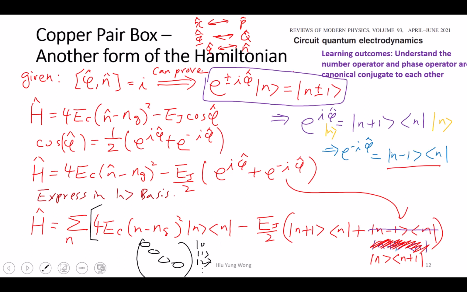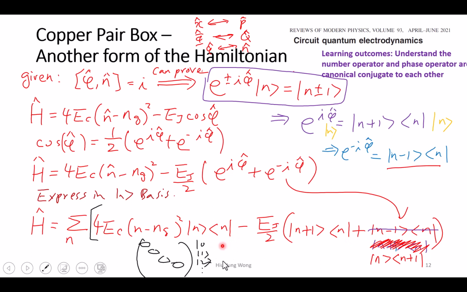Now here you again actually see some intuition. This is very rigorous, because we start from the equation of motion, eventually we have the Hamiltonian, and then we divide by 2e. We get the phase and the number, and these are still all very rigorous. Eventually the Hamiltonian turned out to be the summation over different numbers of excess Cooper pairs in the island. So this is diagonal, and then some off-diagonal term.